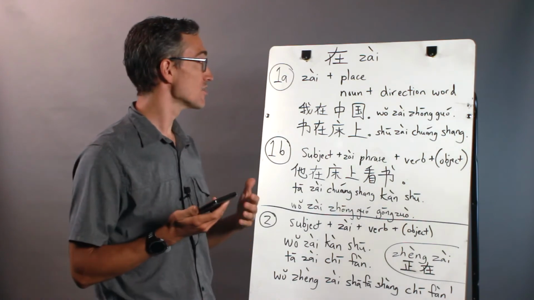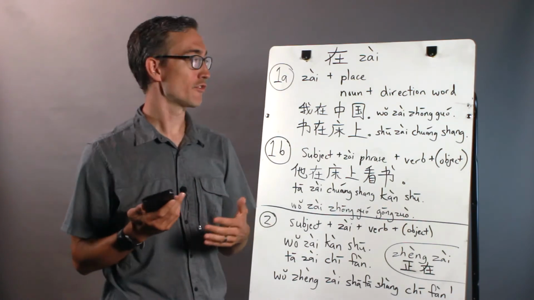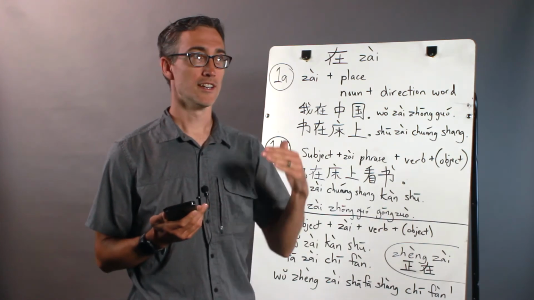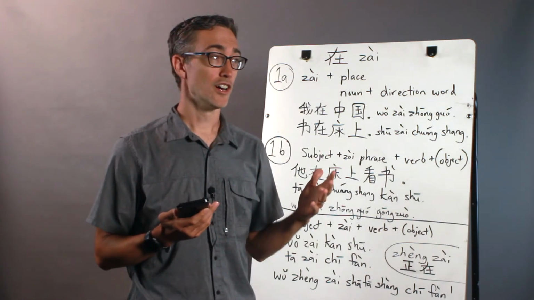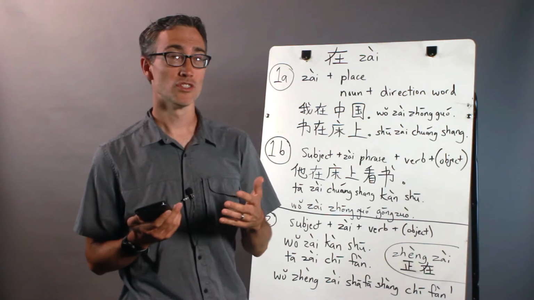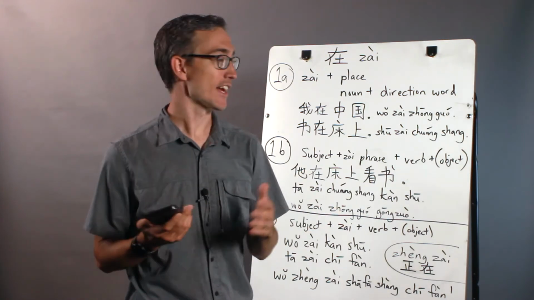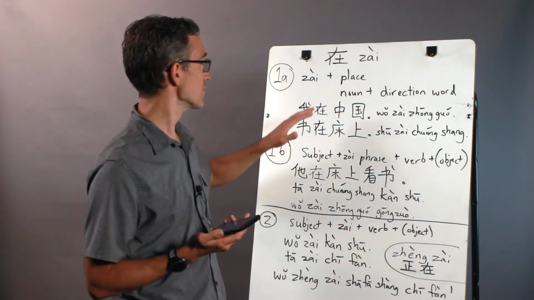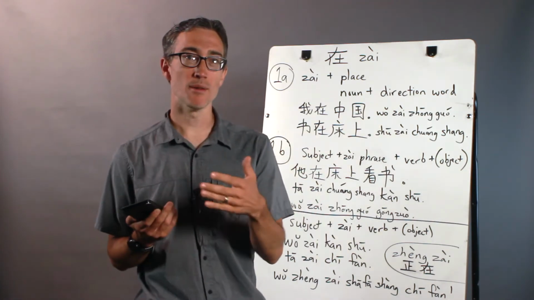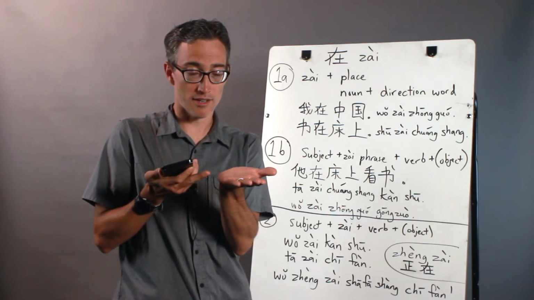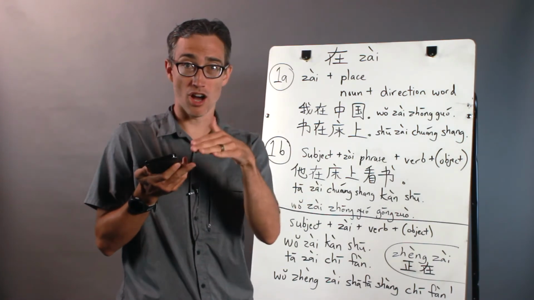And in English, these are prepositional phrases, but a direction word is any word that indicates direction, like on, above, under, around, inside, outside. Those kinds of words are direction words. So anything can become a location if I use a direction word. Like I just said, 在手上. 上 means on or above.